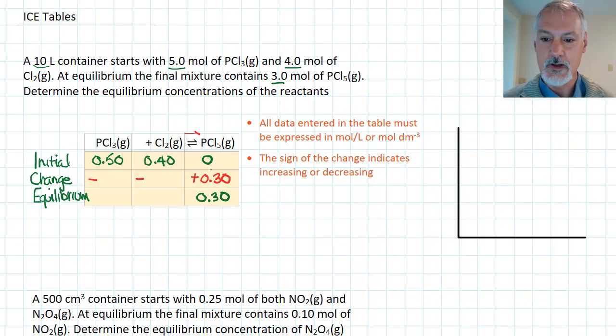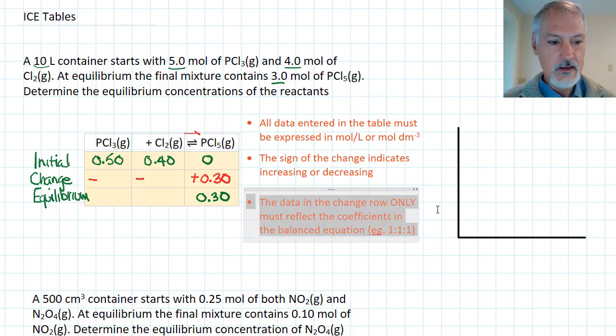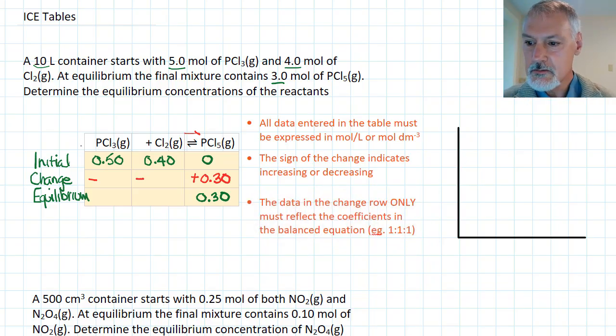Now, how much they go down by, that brings us up to the third point in the use of ICE tables. The data that goes into this change column must reflect the coefficients of your species. They must be in the same ratio. So this is 1 to 1 to 1.